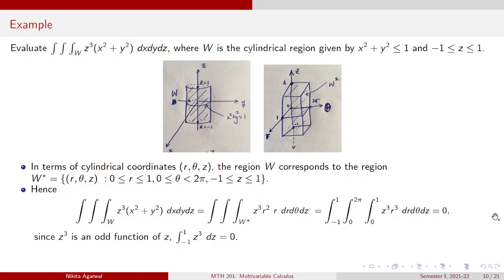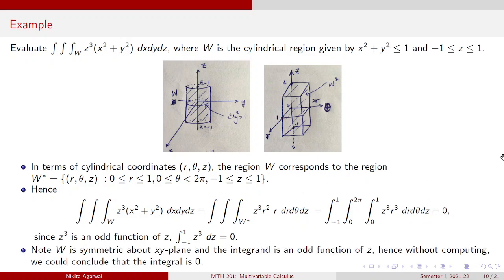Now this integration is easy because you have z cube here, and you are integrating z from minus 1 to 1, right? Now z cube is an odd function. So when you integrate from minus 1 to 1, you get no contribution, you get 0. And there's no other term of z, so it's actually equal to 0.